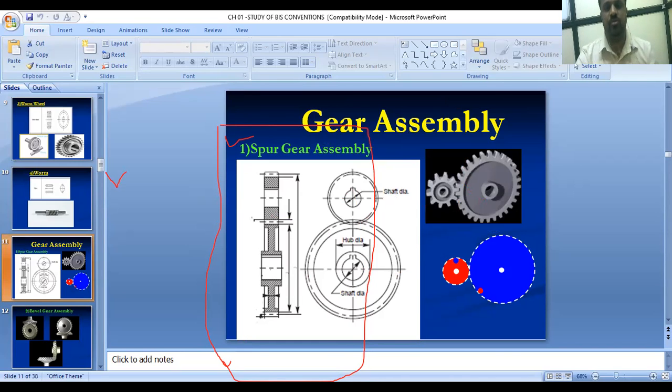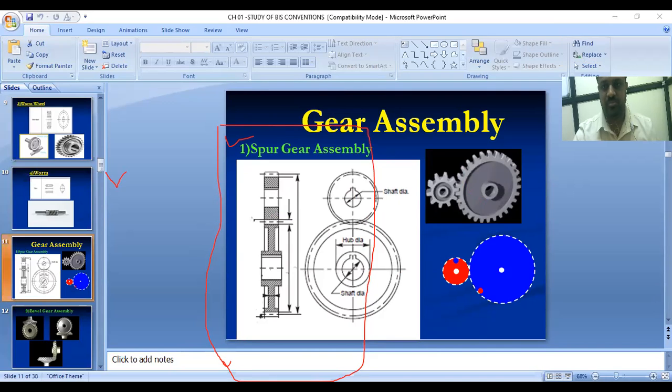So we will try to draw this spur gear assembly convention here. How to draw? Simple. First of all, we have to draw the conventional representation for the pinion.